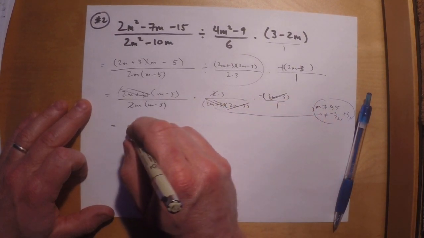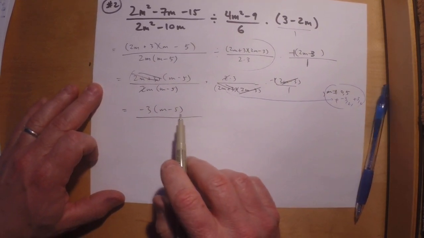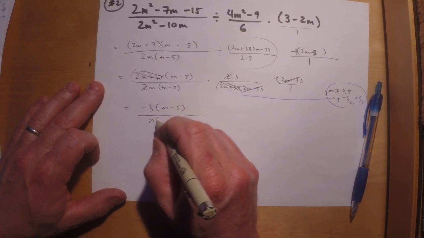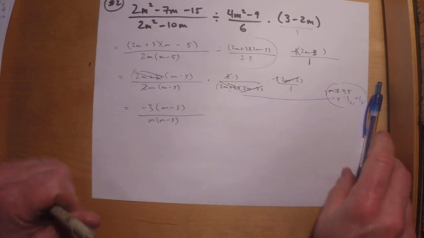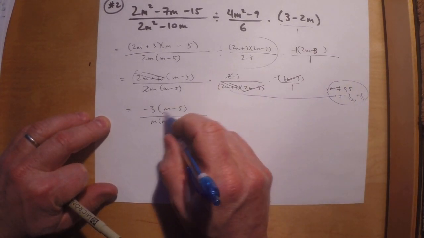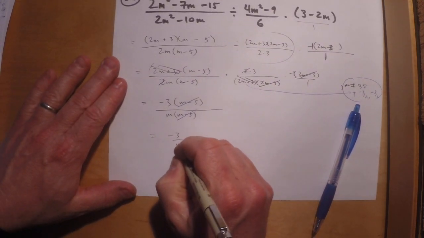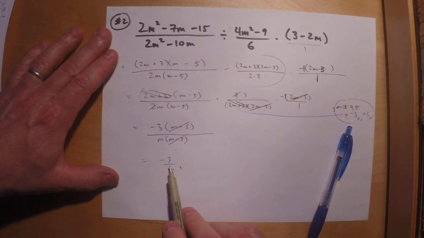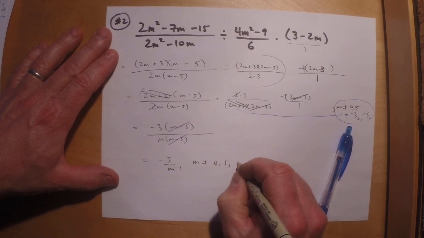So I'll write that as a negative 3m minus 5 over, oh, I see something I missed, but I'll get it in the next step, over an m and an m minus 5. That doesn't, and that's just a 1. And I missed it here. I should have done it right there, but there's my m minus 5. And who would have thunk? Look at that big mess, simplified all down to that with these restrictions. And that's all she wrote.